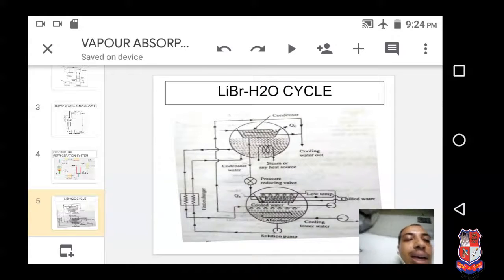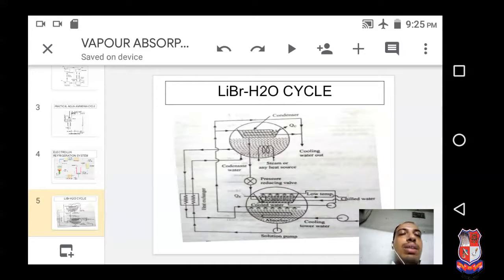And the evaporator and absorber work at lower pressure. We know that the evaporator always works at lower pressure, but if we maintain low pressure in the absorber, then we can easily maintain a lower temperature inside the absorber.